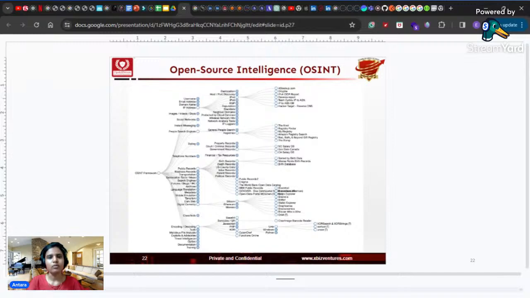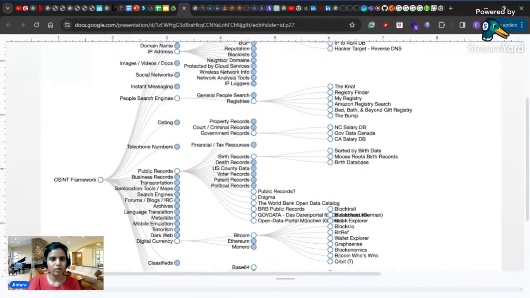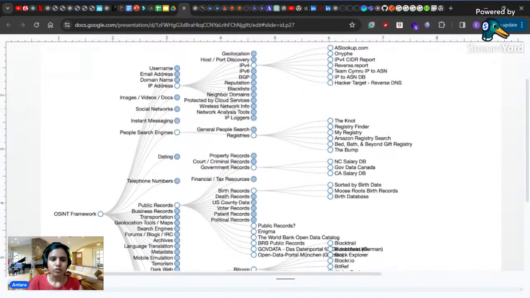In this screenshot you would see what OSINT is all about. Let me zoom it for you. The OSINT framework basically involves everything, right from usernames, email addresses and domain names, to images and videos that could be useful information for an attacker to perform further attacks.